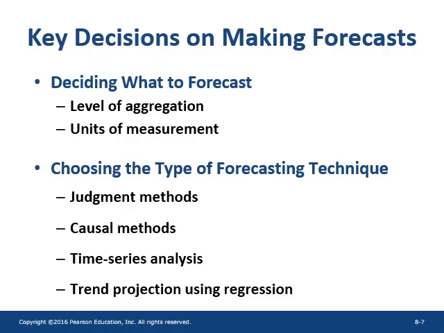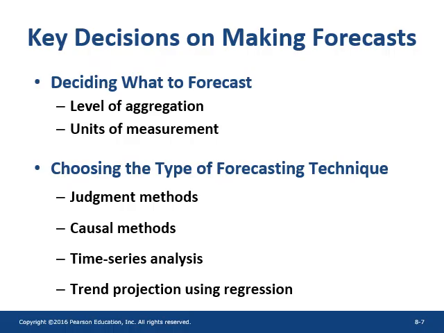So these are things that generally we're going to rely on, let's just say, the expertise of people that in their business have to think about these long-term decisions. So judgment methods tend to be long-term. They tend to be more qualitative and less quantitative.